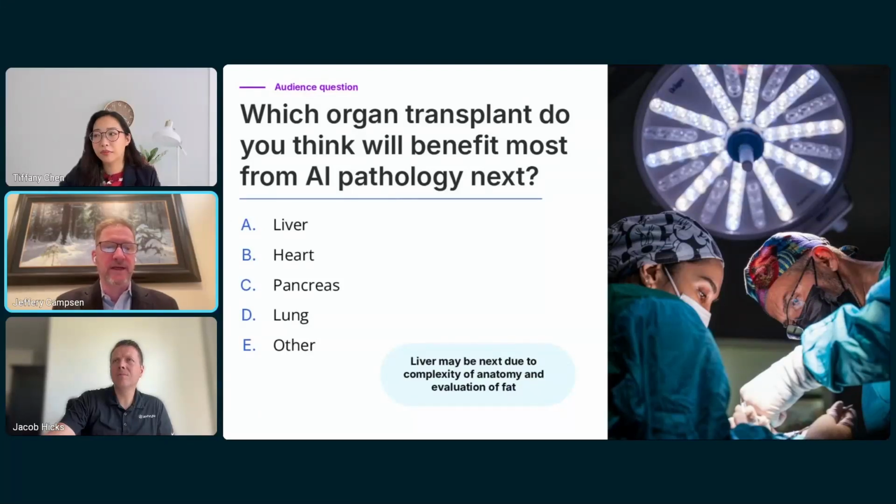And reading fat is a percentage of the total volume of the liver. And so when we get a biopsy, it's extremely difficult for a human to really count every single globule of fat.